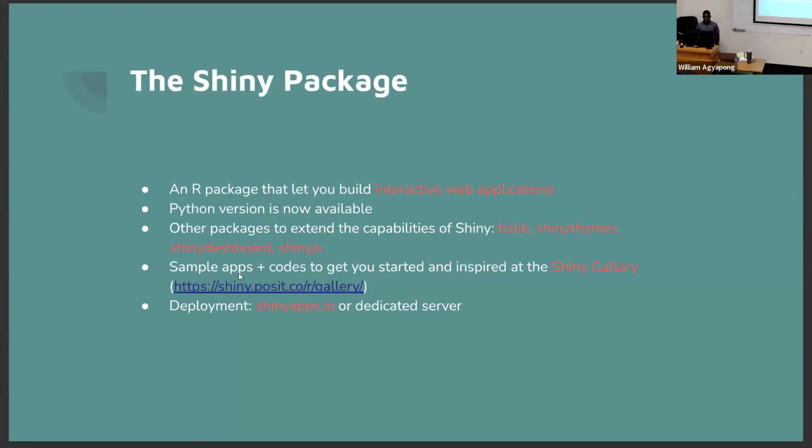All right, so the shiny package. Before we come to that, now mostly what happens? We do our analysis. You sit behind your computer, and one thing I love about data science or statistics is that you don't necessarily need a brick and mortar lab.